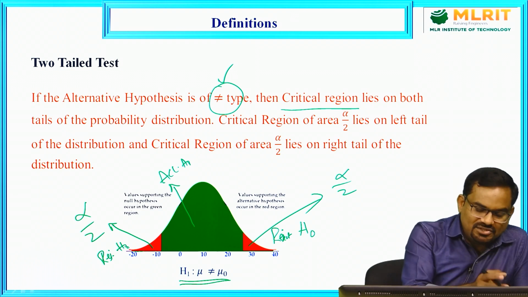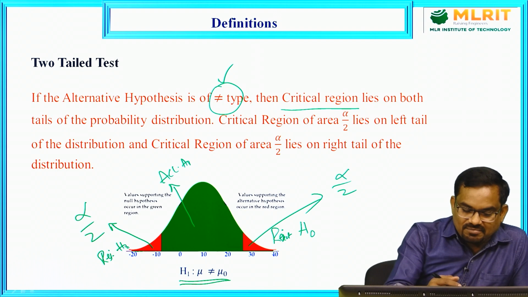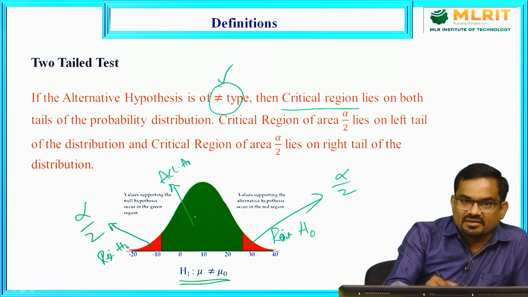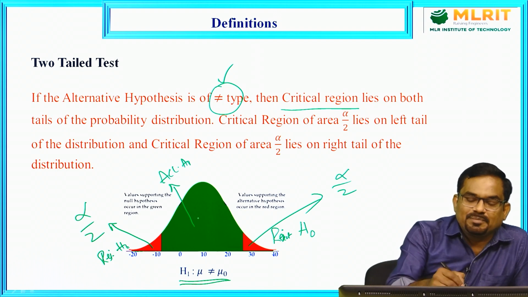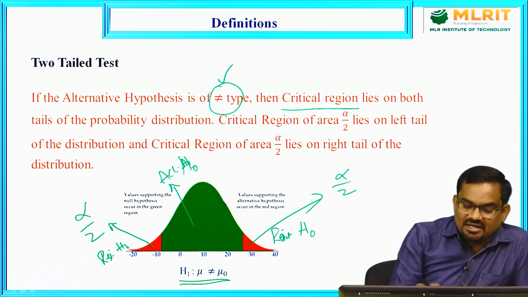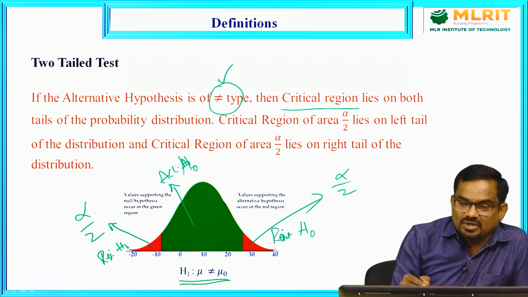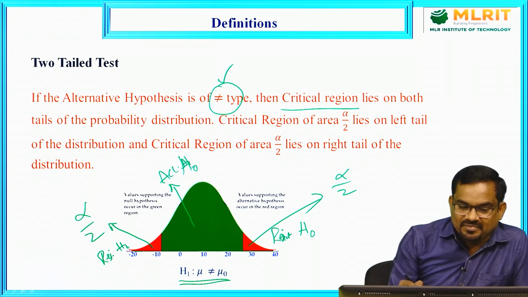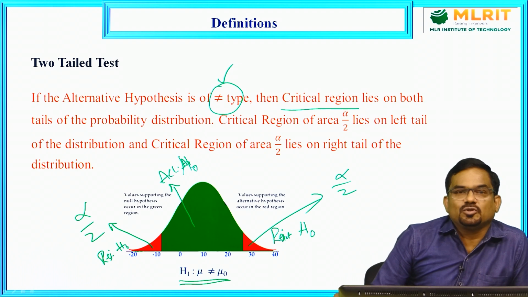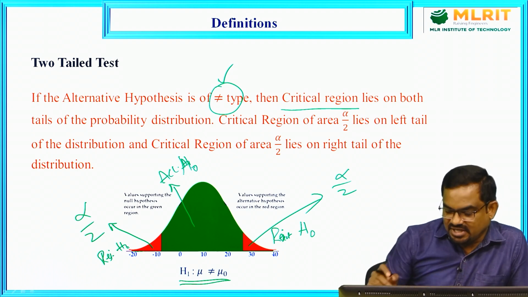Alpha by 2 lies on the left side, alpha by 2 lies on the right side. In this graph, the green color region is the acceptance region of H naught, whereas the red color region is the rejection region of H naught. This test is called the two-tail test, since the critical region lies on both side tails.